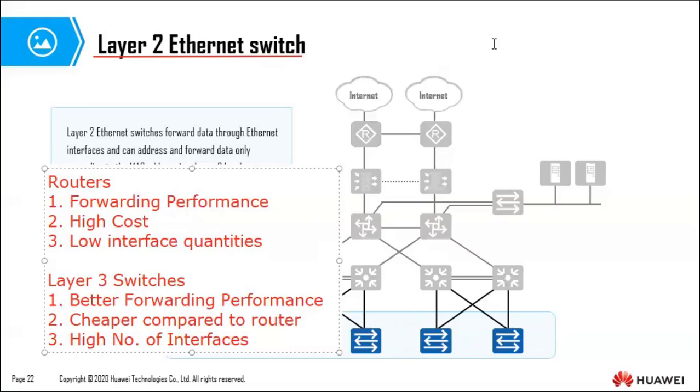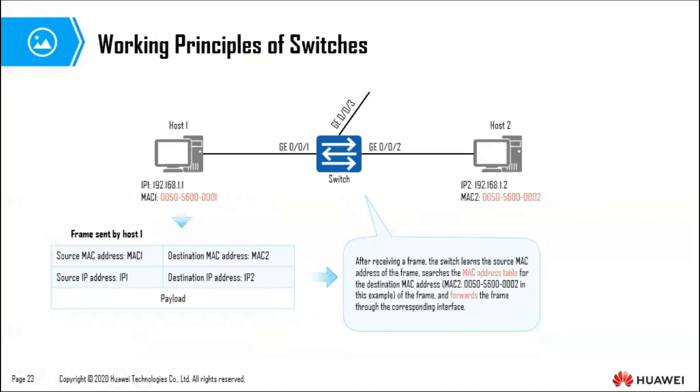Okay, so let's see how switches work. As we've said, switches operate at the data link layer, thereby forwarding data based on the MAC address.